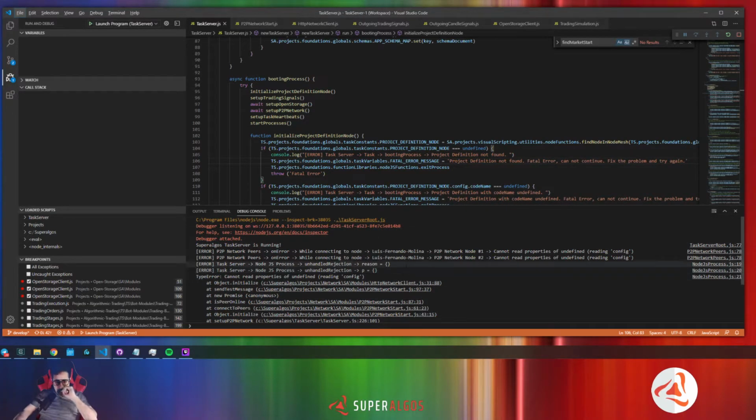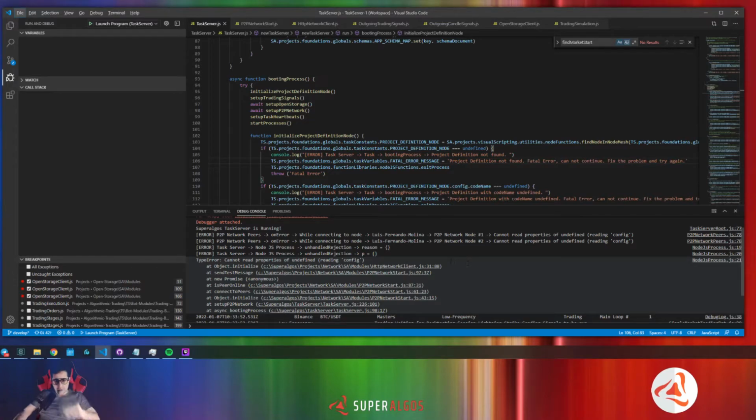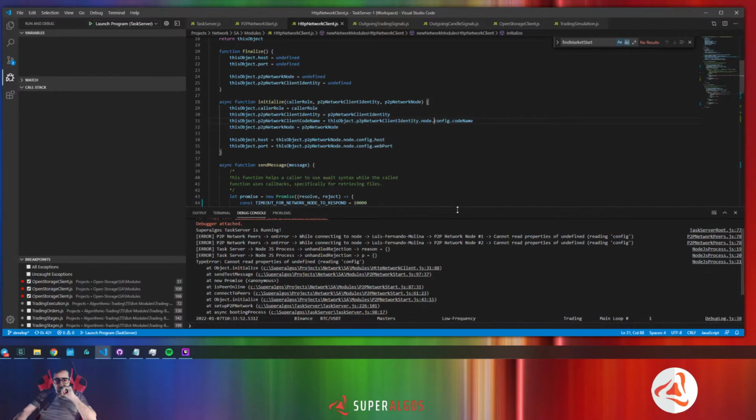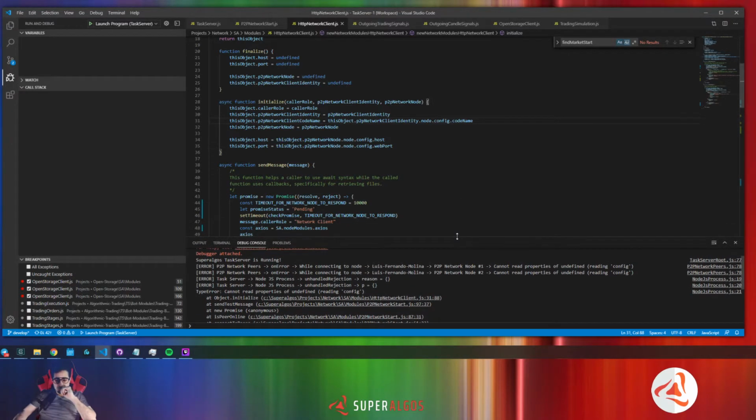Okay, there's a problem here. Unhandled rejection. Reading config. Peer-to-peer network client identity. What is wrong with that?